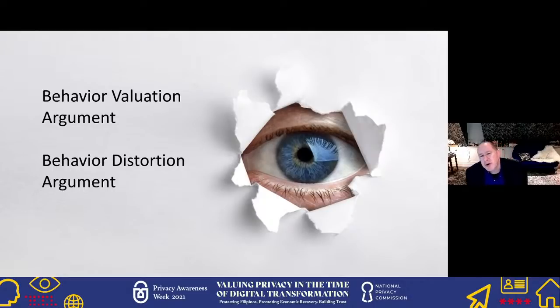So the behavior distortion argument goes that there are a lot of things that can skew the way that people behave. It could be the way that choices are framed. It could be dark patterns. Dark patterns are various manipulative designs or ways of phrasing things that induce people to behave in certain ways that are against their interests.